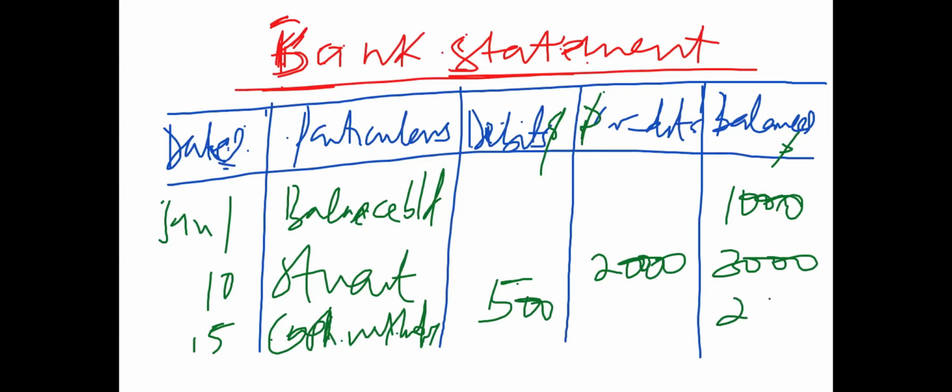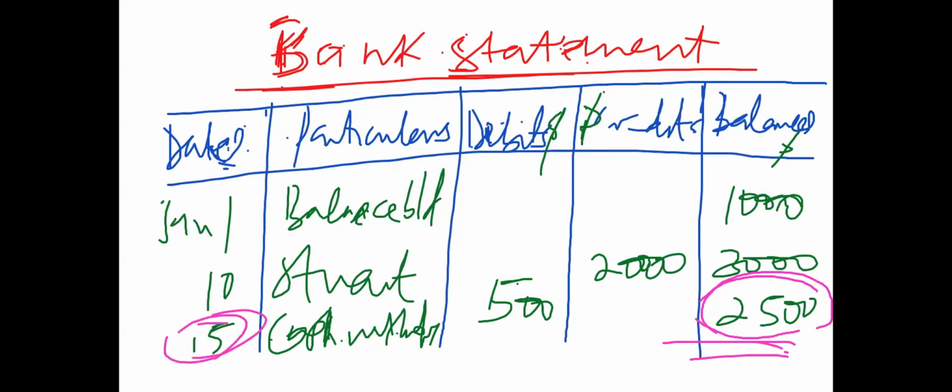It will give you 2,500. Now, the expectation is that this balance, the 2,500 that is there as your balance as per 15th, should be the same balance in the cash book as per that same date of 15th.